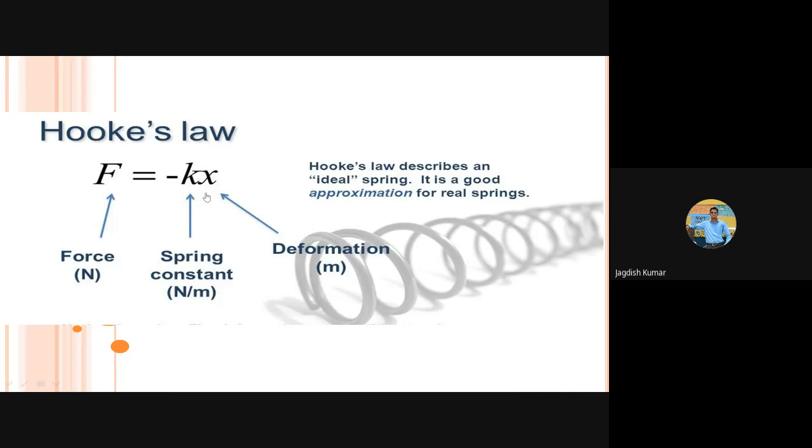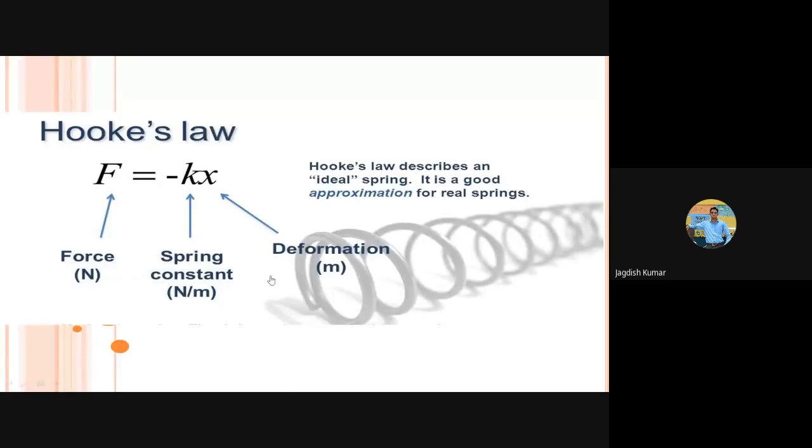But this dependence holds only as long as we don't overstretch the spring from its equilibrium position. If the deformation is within a certain limit, which we call the linear regime, or the elastic limit, then within those limits, Hooke's law is valid.